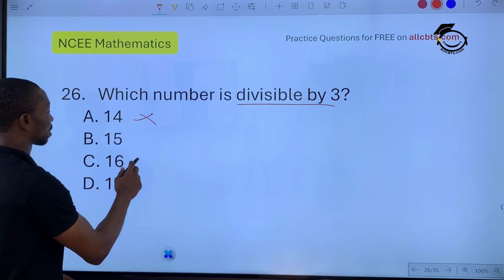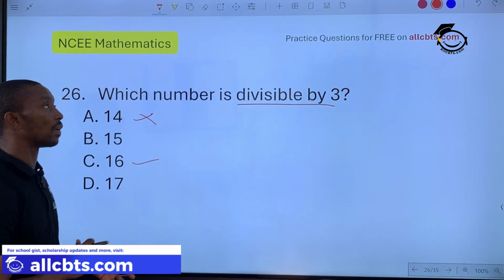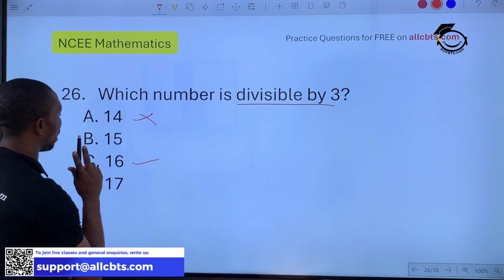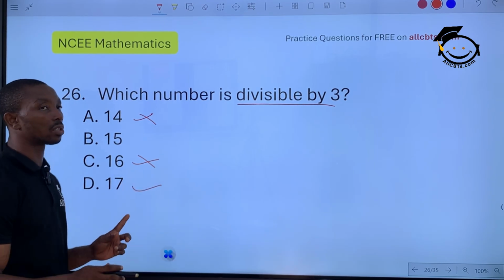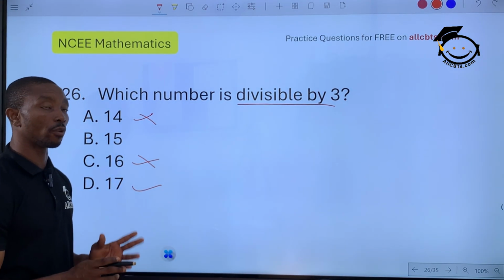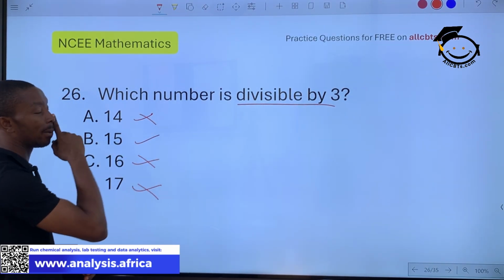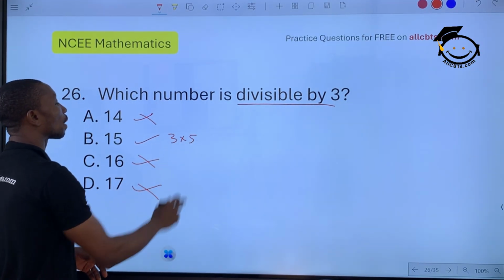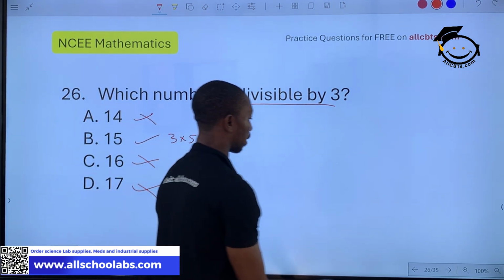Look at 16, 3 into 16 will be 3 times 5, 15, remaining 1, so 16 is off. Likewise 17, that is 3 times 5, remaining 2, so 17 is off. But 3 into 15 would be 3 times 5 to give us 15. So 15 is divisible by 3.